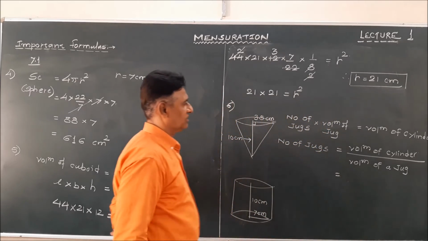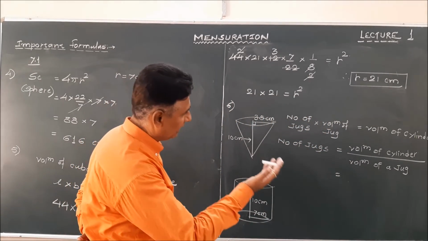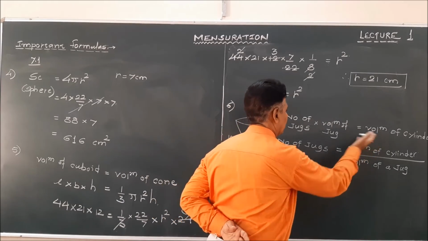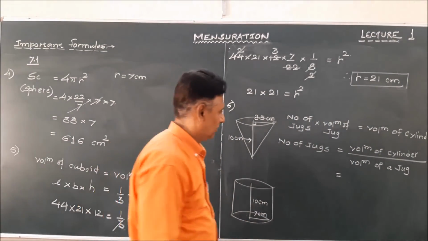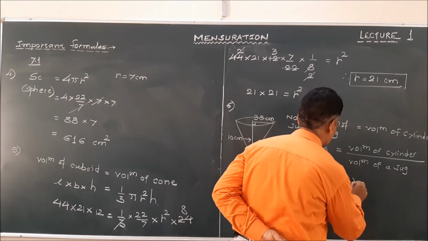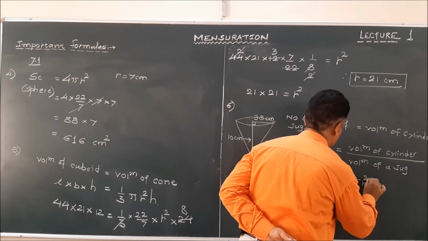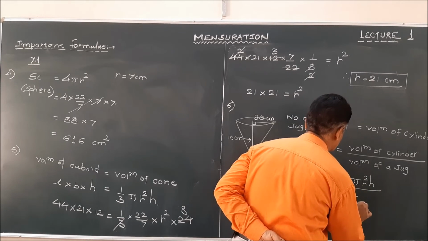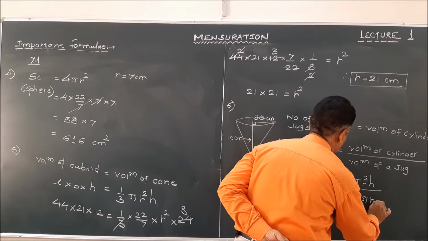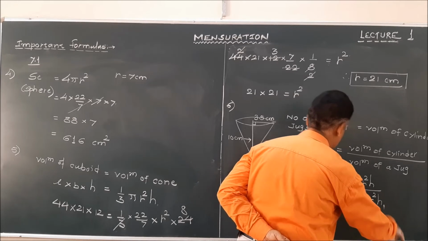Number of jugs is equal to volume of cylinder divided by volume of a jug. Now cylinder formula here, that volume of cylinder is what? Pi r squared h. Volume of a jug is 1 upon 3 pi r squared h1.